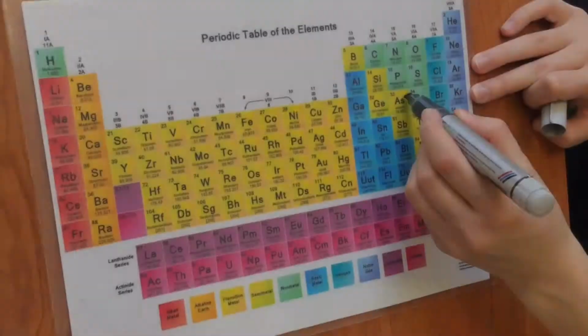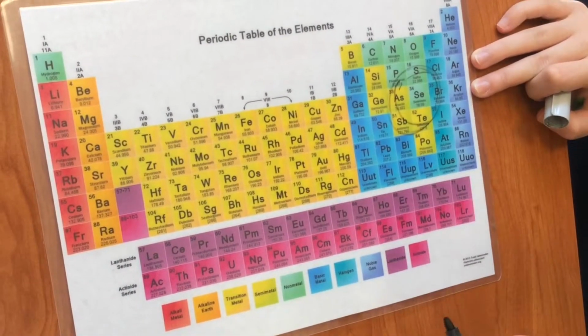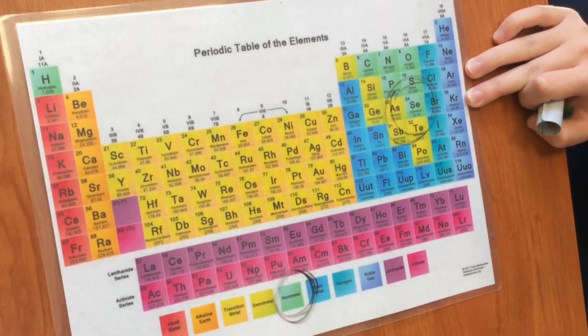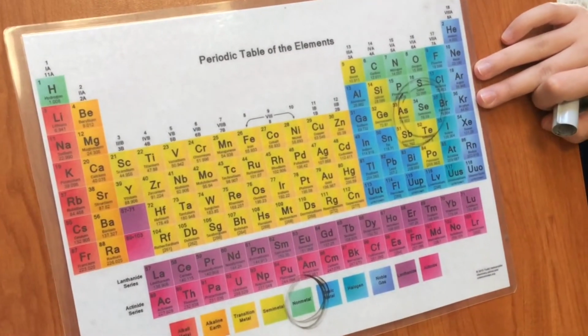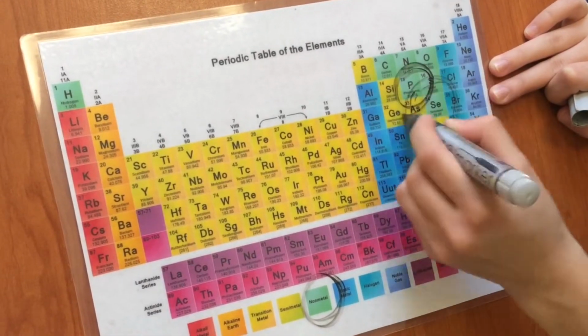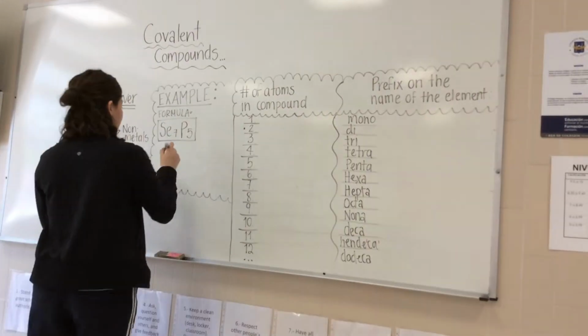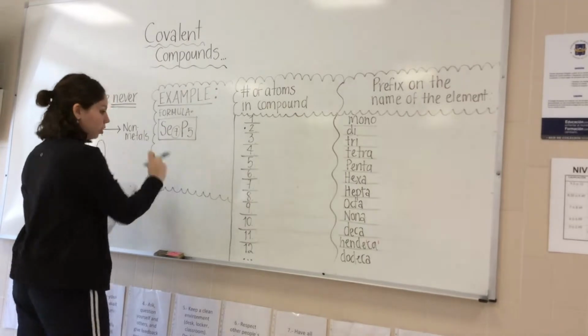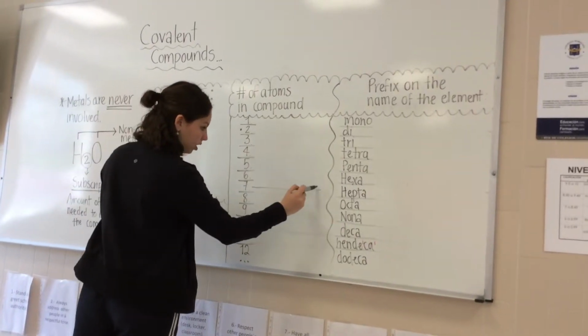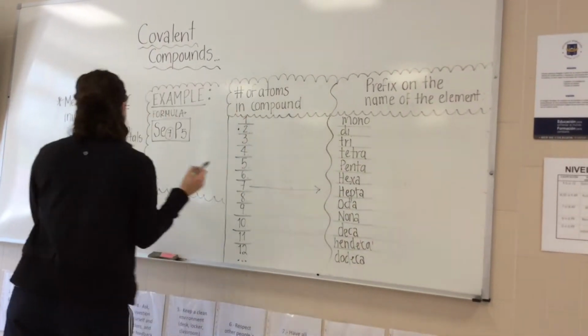Se7P5. As you can see in the periodic table, Se is selenium and is a nonmetal, and P is phosphorus and is also a nonmetal. As you can see in the compound, selenium has 7 atoms.